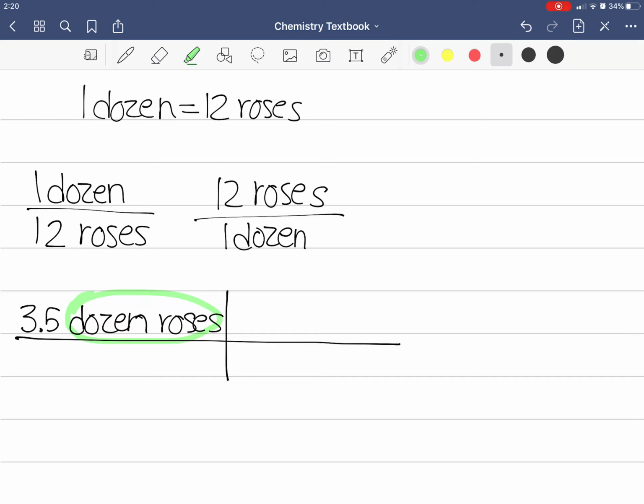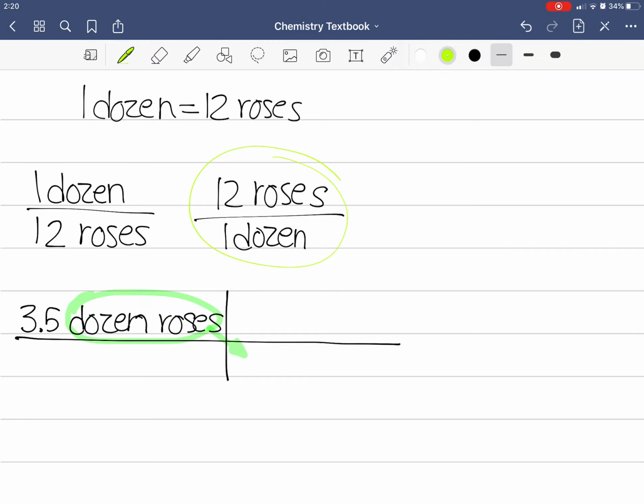So what I need at the bottom is dozen roses. So when I look at my conversion factors, this one and this one, I can see that dozen is on the bottom on this conversion factor and not on this one. So I need this conversion factor right here.